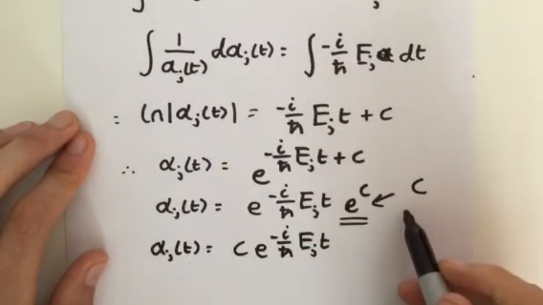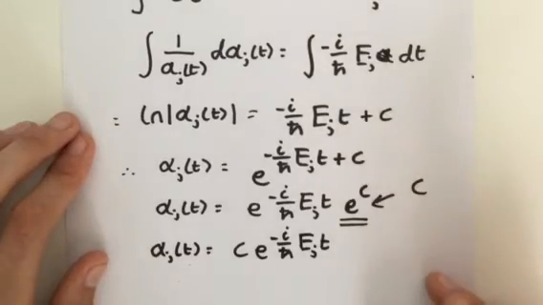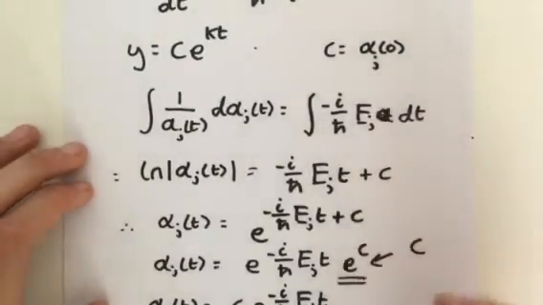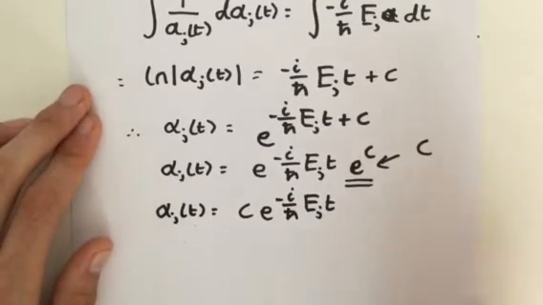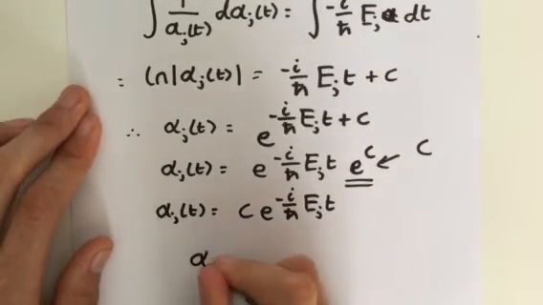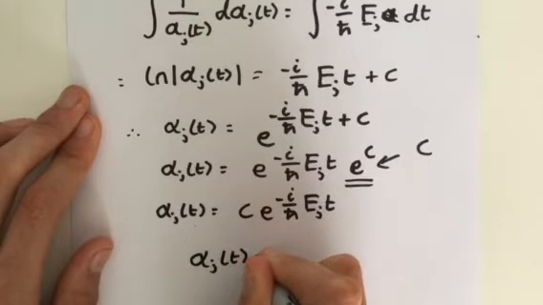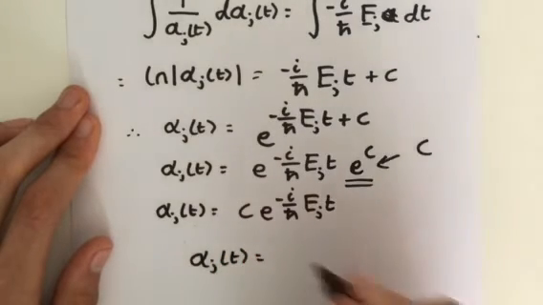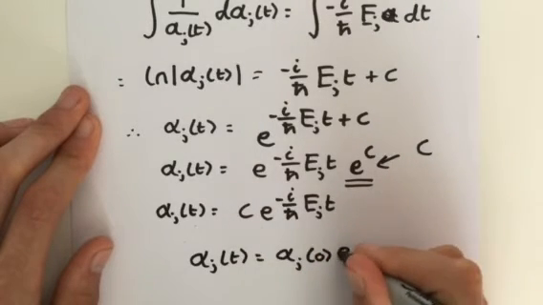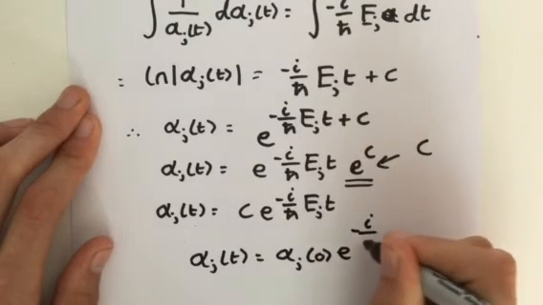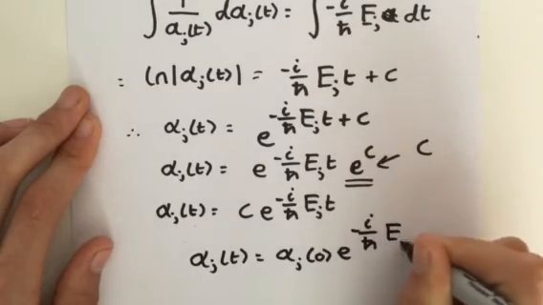What is c? Remember we said c was alpha_j(0), our initial value. So therefore the solution to the differential equation is alpha_j(t) equals alpha_j(0) times e to the minus i over h bar E_j t.